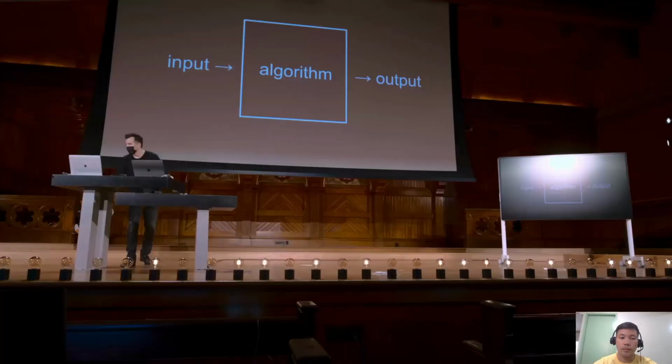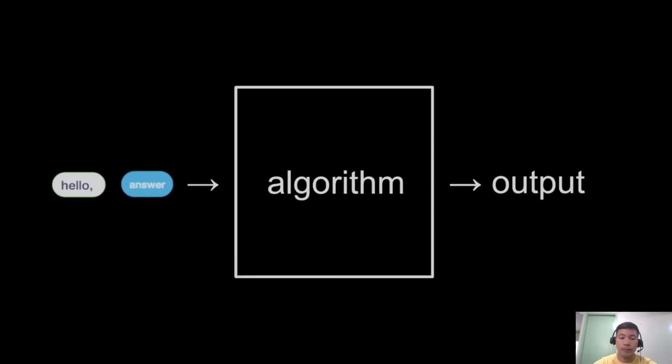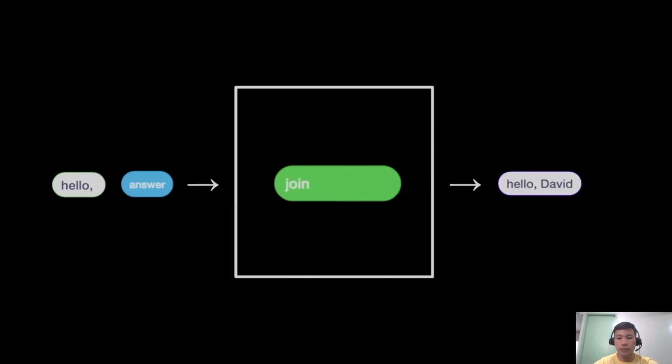That output, notice, is essentially becoming the input to another function, say, just because we've kind of stacked or nested things on top of one another. But methodically, it's really the same idea. The inputs now are two things, hello, comma, and the return value from the previous ask function. The function now is going to be join. The output is going to be hello David.